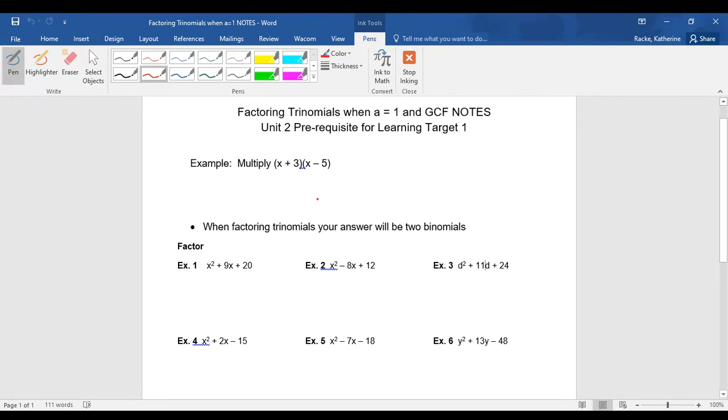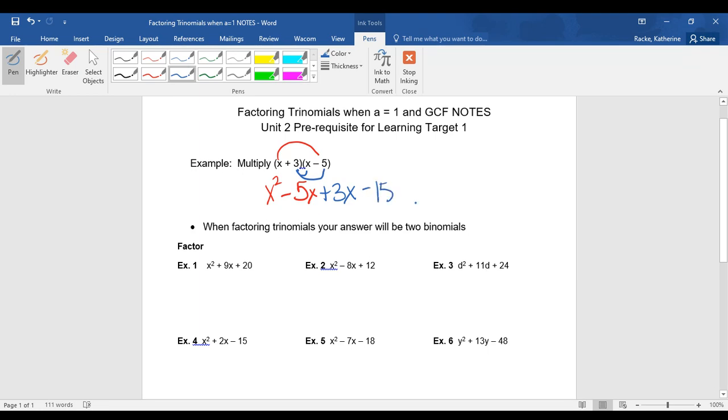So this first example, you just want to multiply. We're going to take x times x, which gives us x squared, and x times a negative 5, which gives us a negative 5x. Then we'll take 3 times x to give us 3x, and 3 times negative 5 to give us a negative 15.